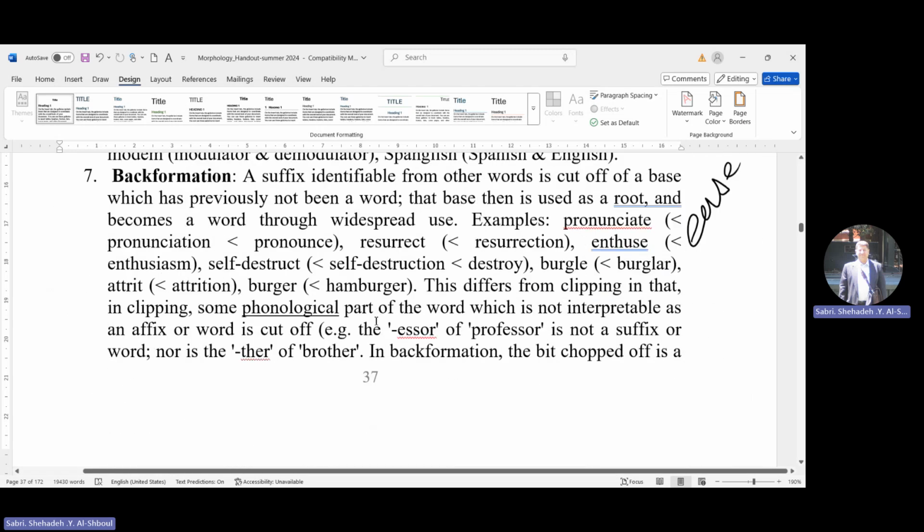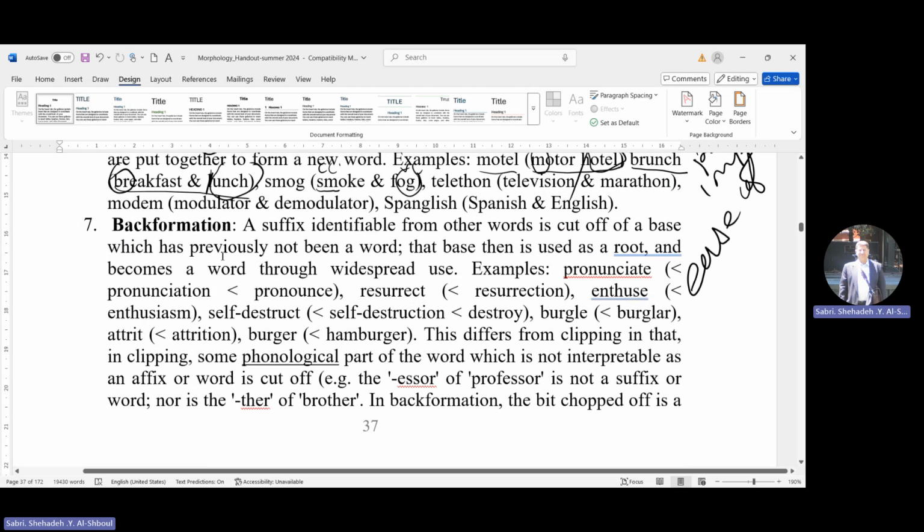This is, dear students, the gist of so-called back formation. We have pronunciate out of pronunciation, but the legal form used is pronounce.